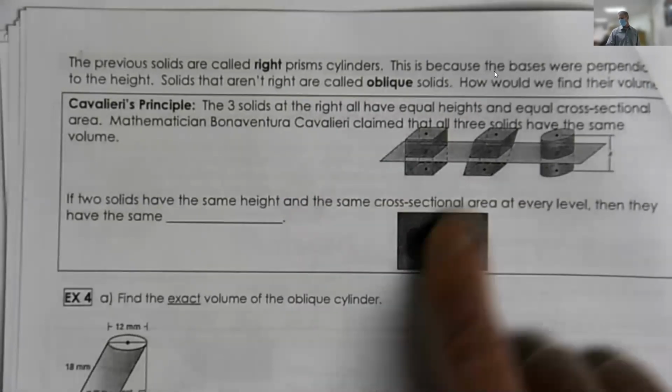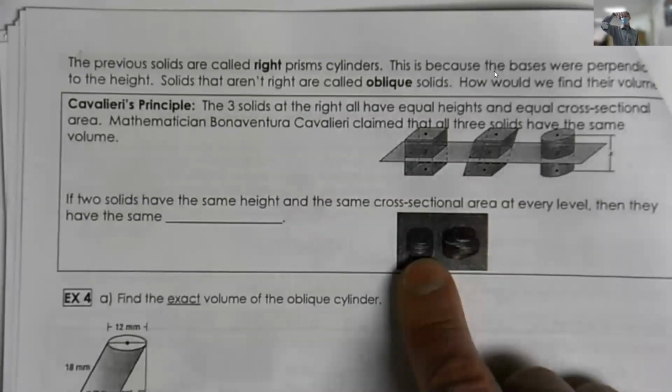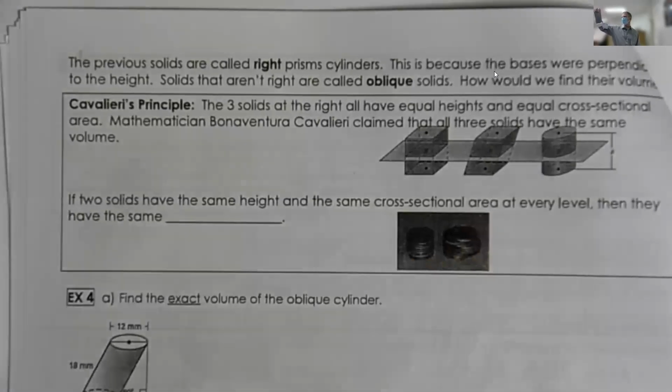It's like taking your pennies, and if you slant the pennies off to the side by stacking them up, not exactly on top of each other, but it slants over, it is still going to have the same volume as if it was straight up. So you need to know what the height is, and you need to know what the base is.